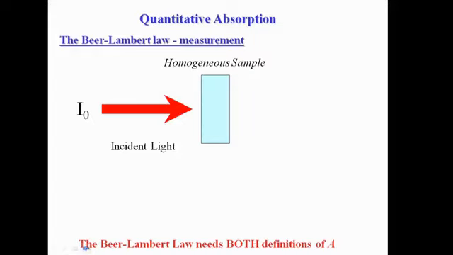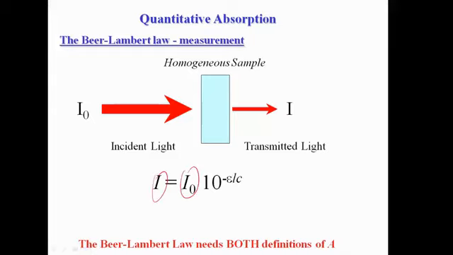So we have our incident light, and here's our cuvette. We have I0 coming in, we have I coming out, and we need to know the relationship between the light coming out, I, and I0. We've already defined something called the absorbance as epsilon CL, and the relationship between these two is given by this equation here.